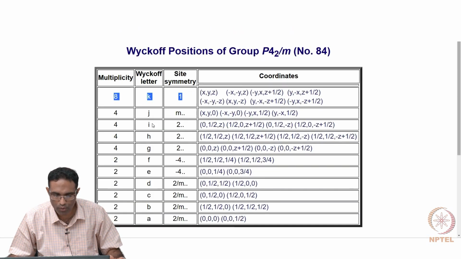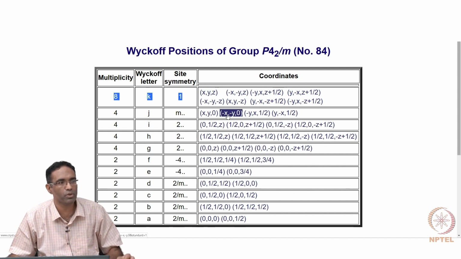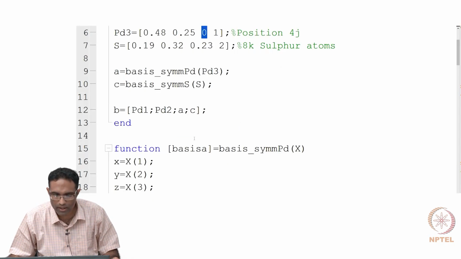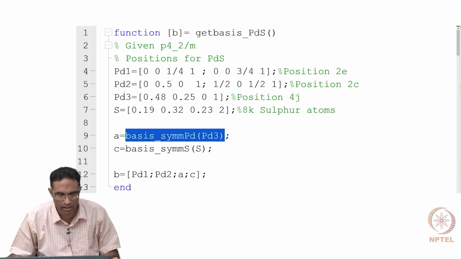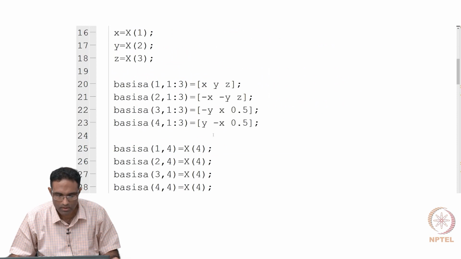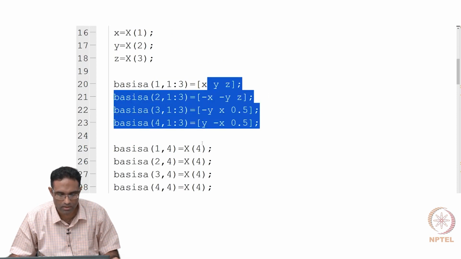So 4j right here: x, y, 0; minus x, minus y, 0; minus y, x+1/2, 1/2; y, minus x+1/2, 1/2. There are negative values coming in, so I have to make sure I am pulling them all back inside the unit cell. So I write another small function, basis_sim_Pd, and give this Pd3 alone to it, which will generate all the necessary points for that particular Pd.